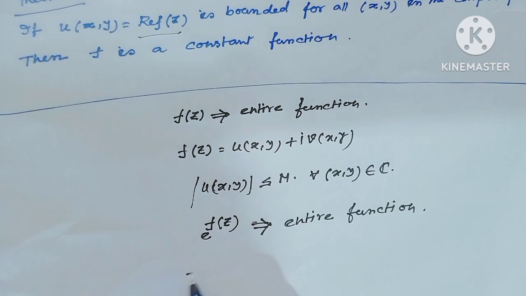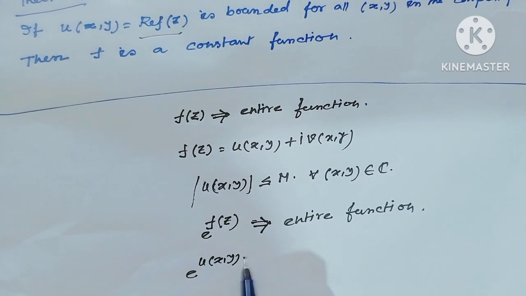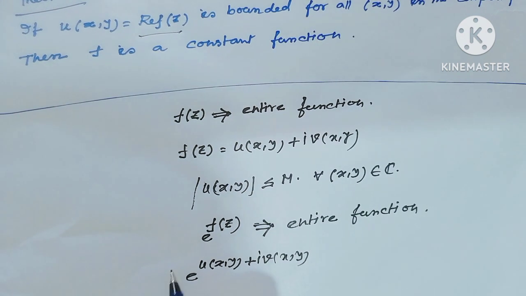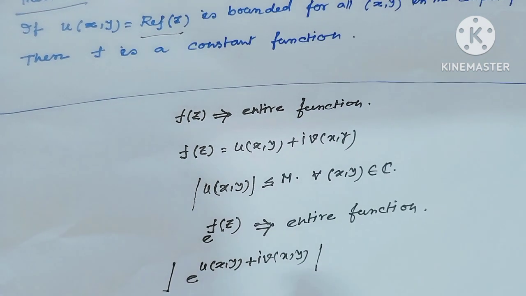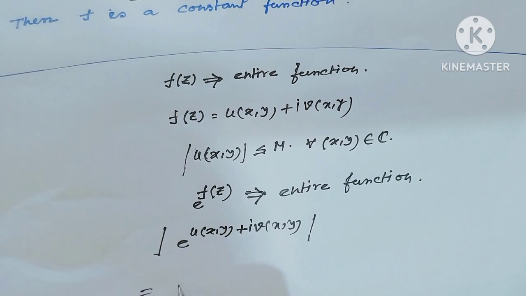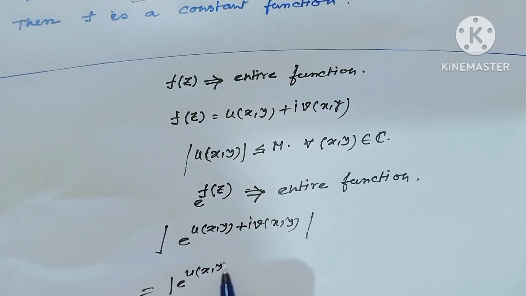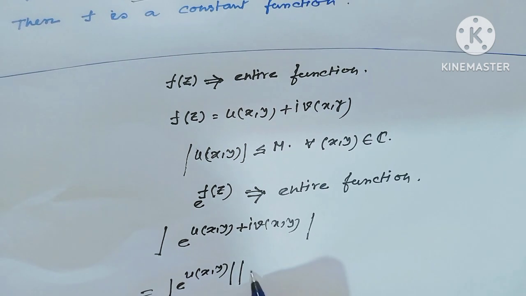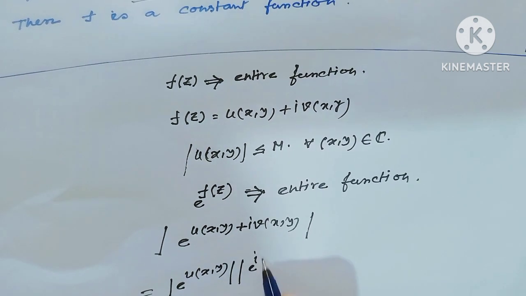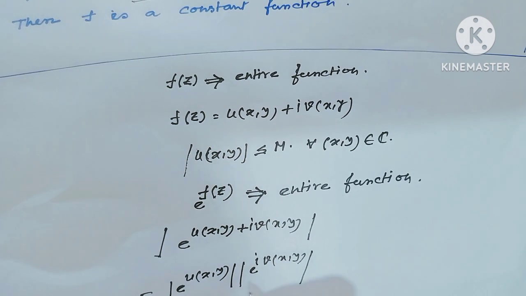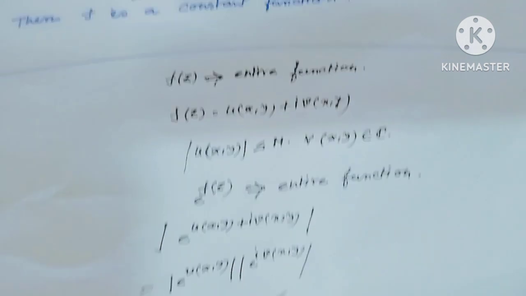e to the power f(z) means e to the power u(x,y) plus i v(x,y). If we apply the modulus, this implies the modulus of e to the power u(x,y) times the modulus of e to the power i v(x,y), and all of us know the modulus of e to the power i v(x,y) is 1.